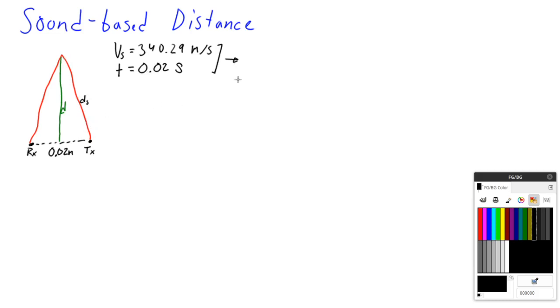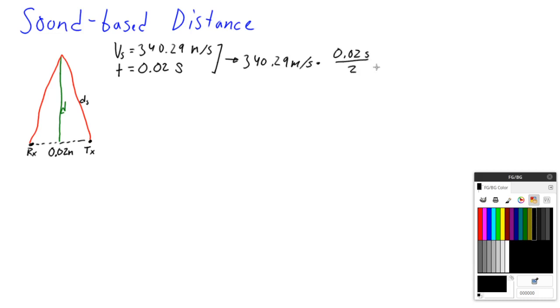That's a step I kind of do in my head, but it's a critical thing, right? So we're going to take 340.29 meters per second, and just for the sake of clarity, we're going to multiply it by 0.02 seconds divided by 2.